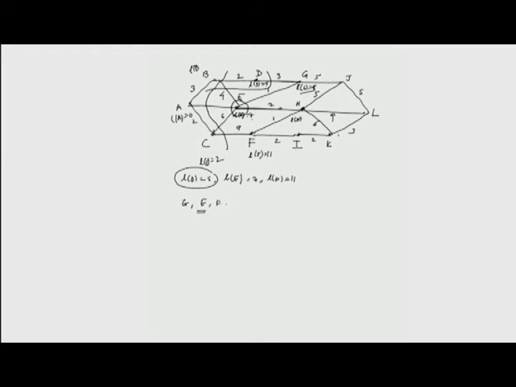So, LH equal to 9. So, in this way we have to proceed, and if I keep on proceeding in this way, eventually I will get the L values of the other vertices.